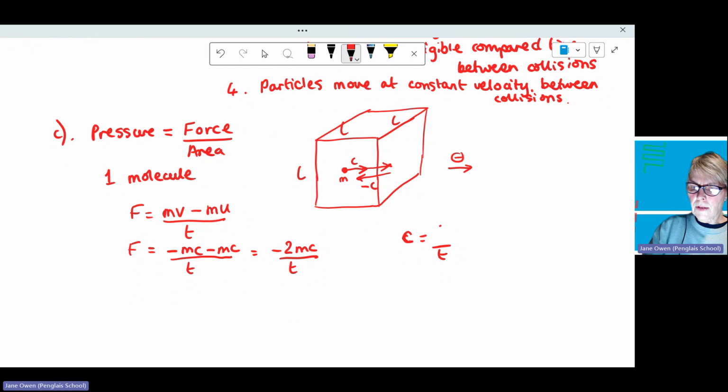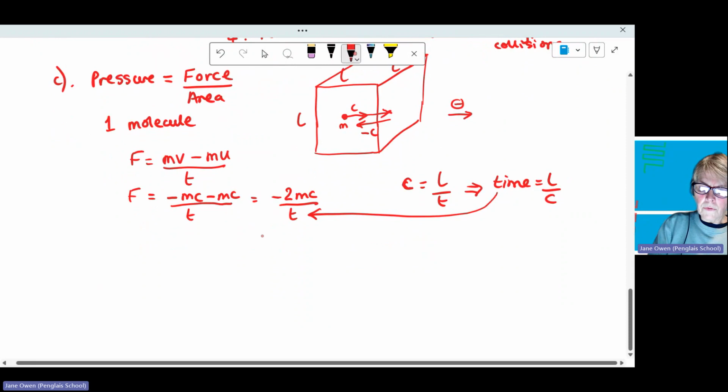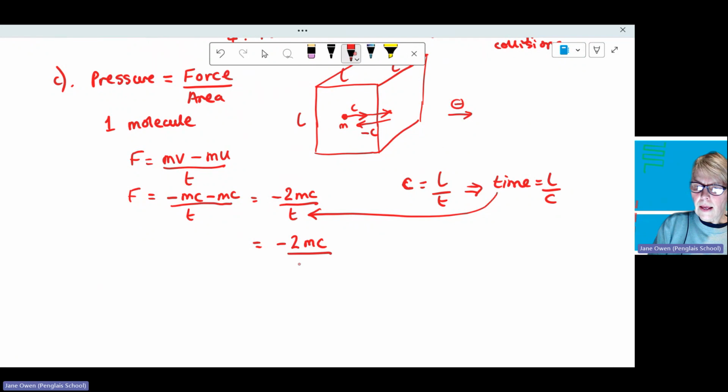So speed is L over t, which means if you rearrange it, the time is L over c, and we can substitute that in. So we have minus 2mc over L over c. But we can't have something divided by L divided by c, so that comes up to the top and we get minus 2mc squared over L.